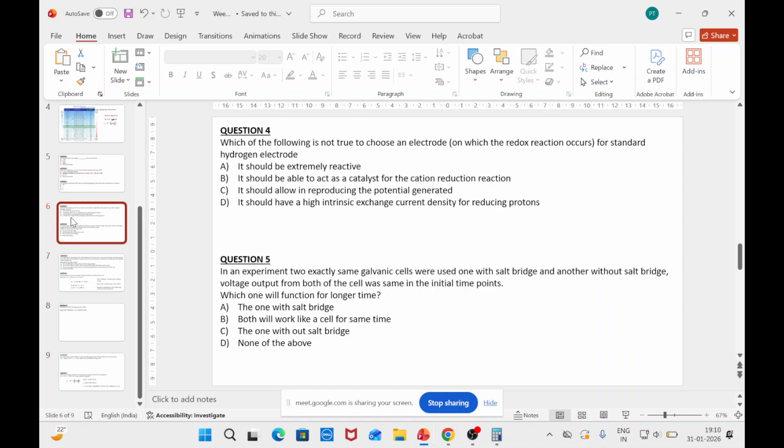B: It should be able to act as a catalyst for the cation reduction reaction. C: It should allow reproducing the potential generated. D: It should have a high intrinsic exchange current density for reducing the protons. They're asking which is a false statement among the four.